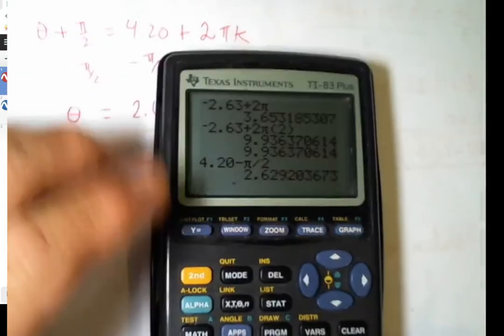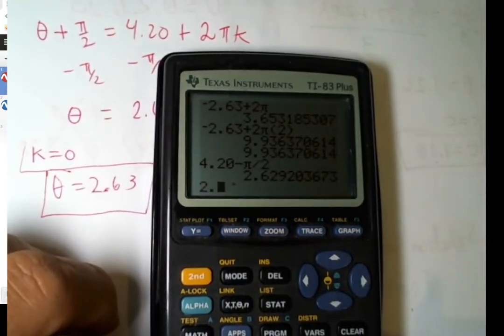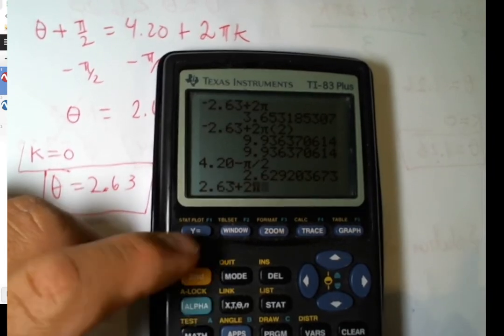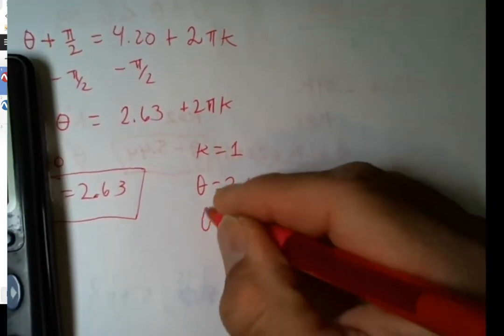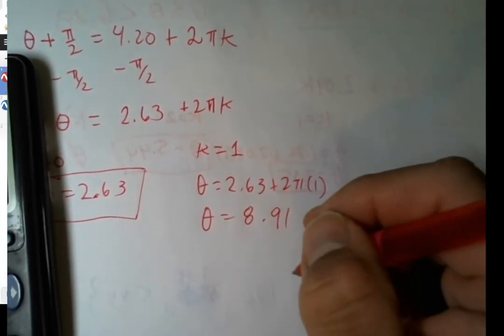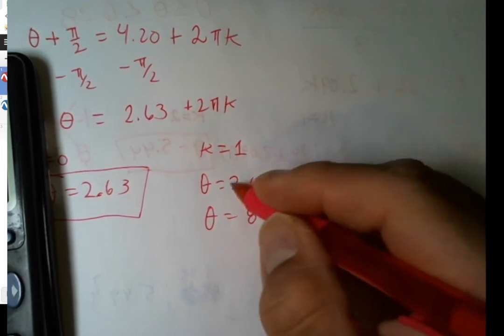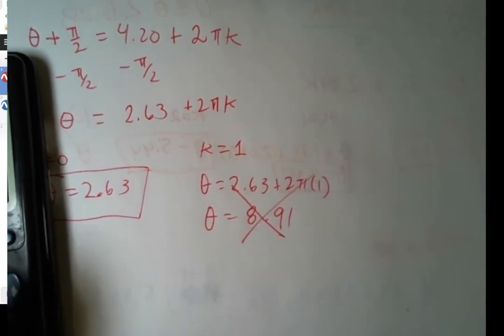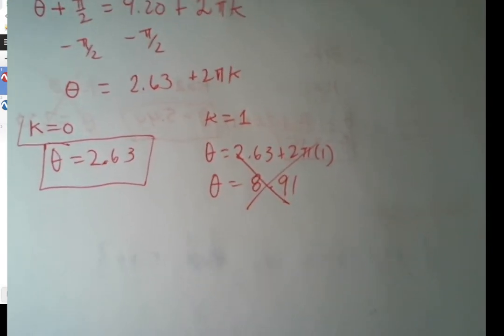So we'll do 2.63 plus 2 pi, and that's 8.91. And that is larger than 6.28, which is roughly 2 pi. So we'll reject that.